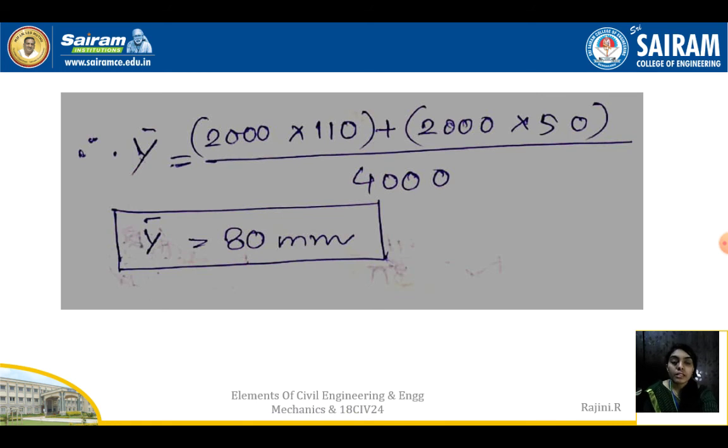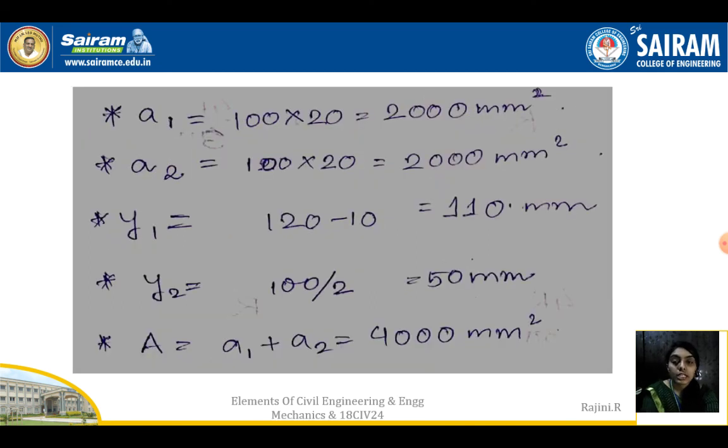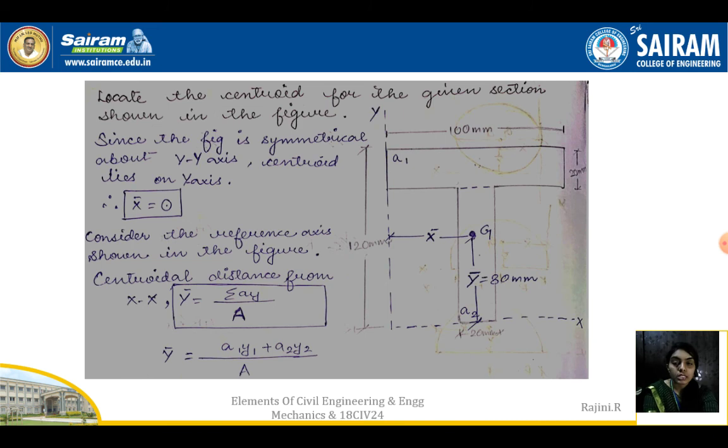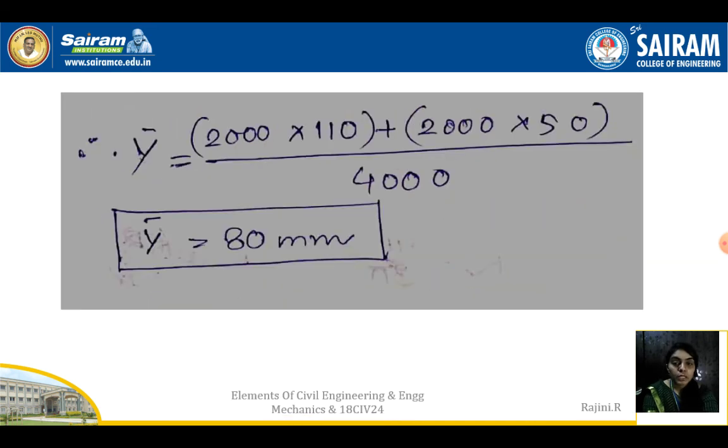The final formula, that is y bar is equal to summation of ay divided by capital A. Here once again I'll show the formula: y bar is equal to a1 into y1 plus a2 into y2 divided by A. Please substitute using brackets: 2000 into 110, that is a1 into y1, plus 2000 into 50, that is a2 into y2, divided by capital A. Capital A is 4000.